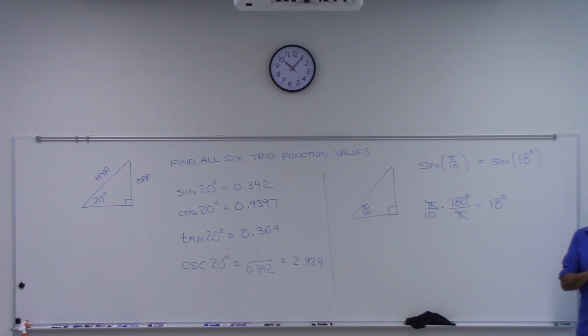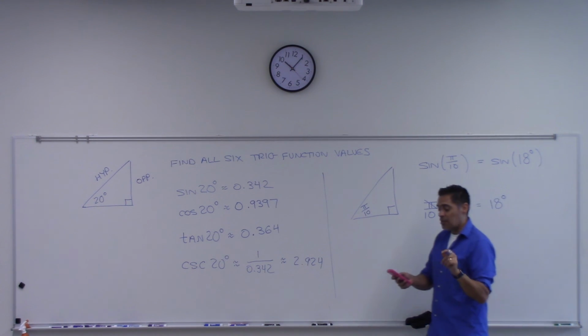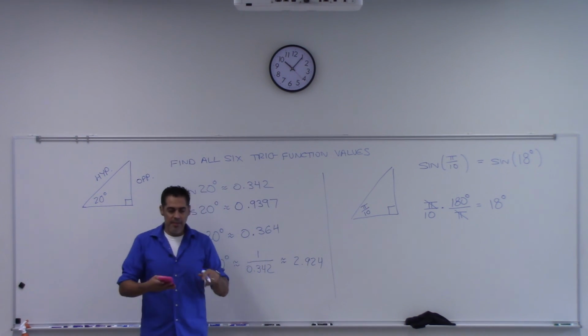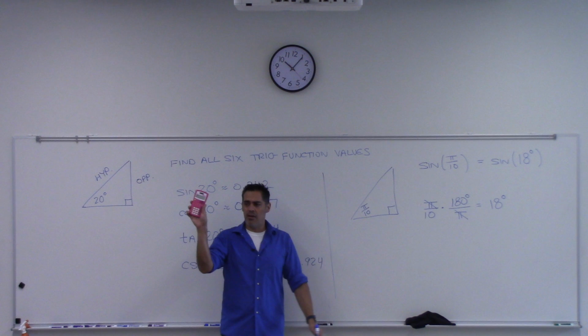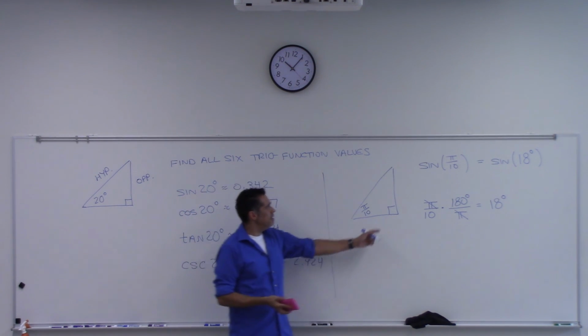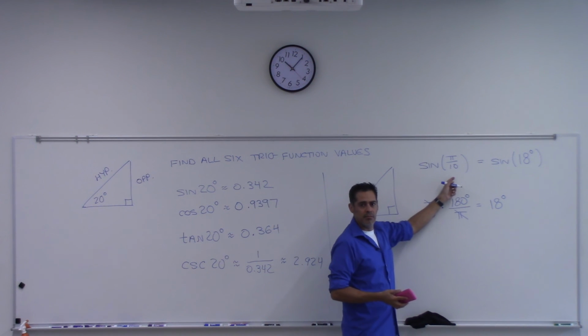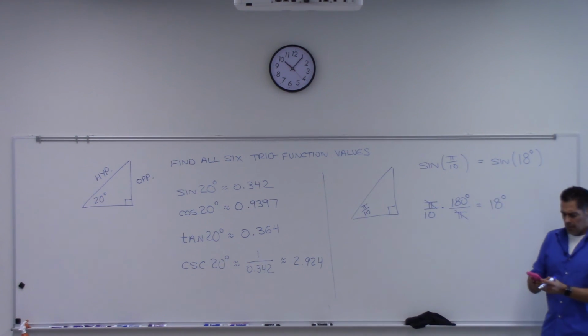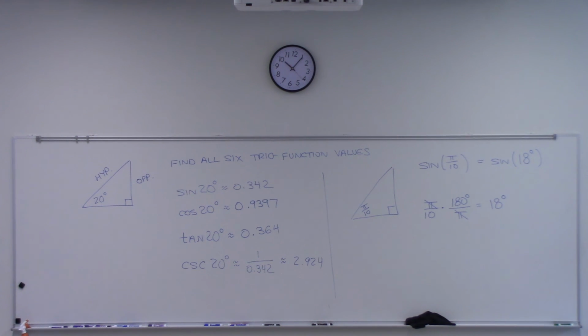Or you can just switch your calculator to radians, and then type, do y'all have a pi key on your calculator? Most of you do. Just type in sine of pi over 10, but make sure you're in radian mode. What's the answer you're getting?